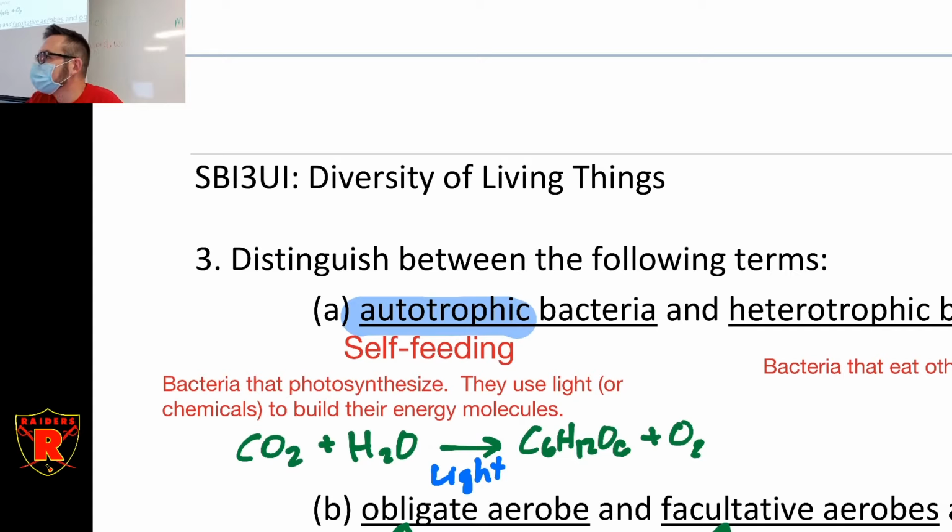Those are quite rare. Certainly at the surface they don't exist, but that does also exist though. So there are chemoautotrophs that do that. Chemoautotrophs don't use light as part of their autotrophic metabolism.